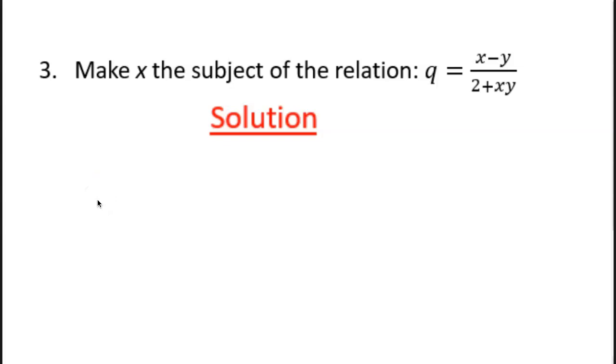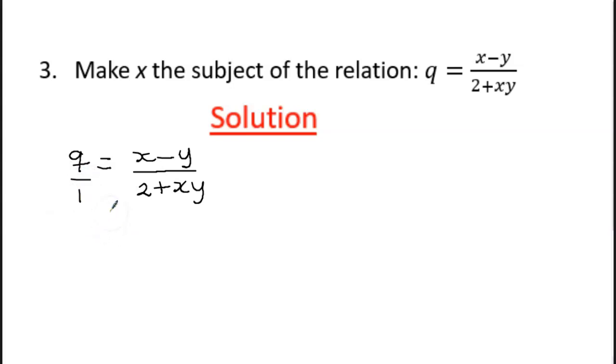Make x the subject of the relation: Q is equal to (x minus y) over (2 plus xy). So this is over 1.